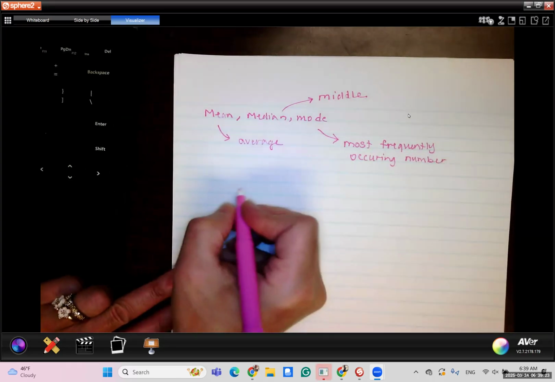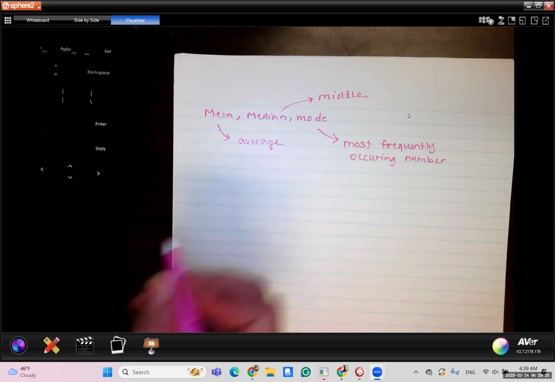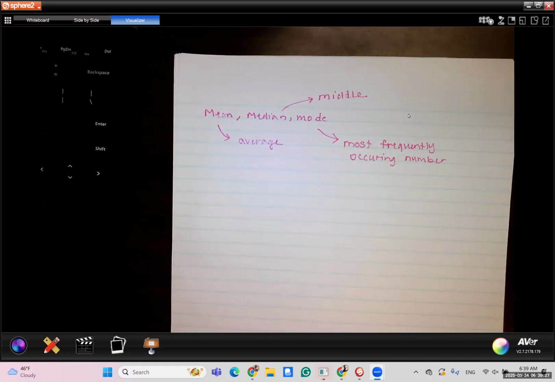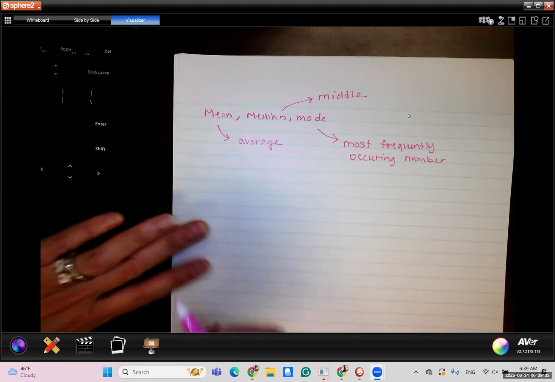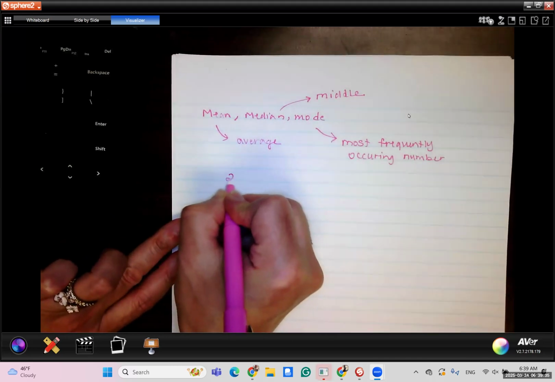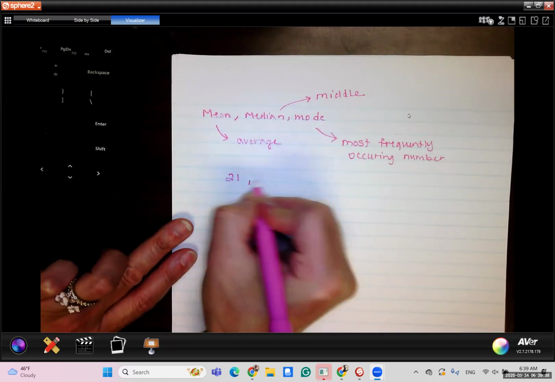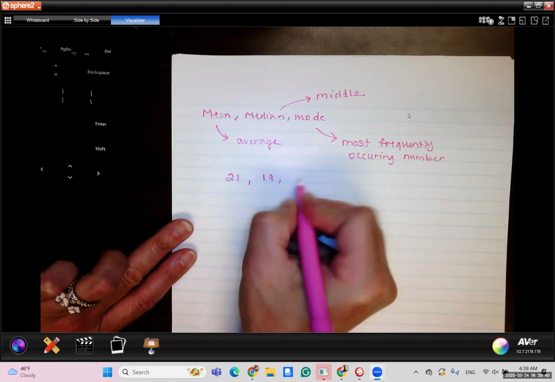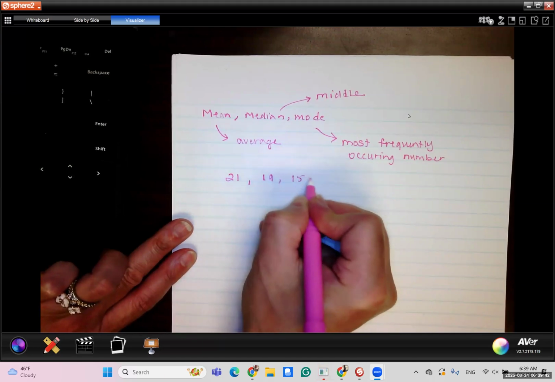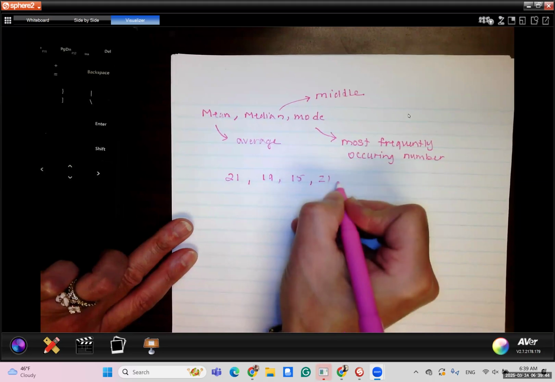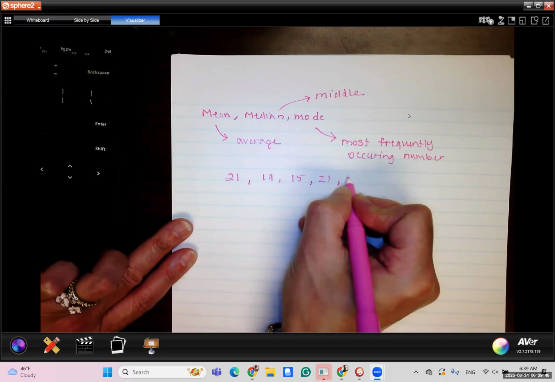So let's say, for example, we had a quiz. Your grades in classes are the mean, right? It's basically all of your grades added and divided by the total number of grades. That's what mean is, your average. So let's say you had a quiz of 21 points, a quiz of 19, a quiz of 15, another 21, and another one that's 30.